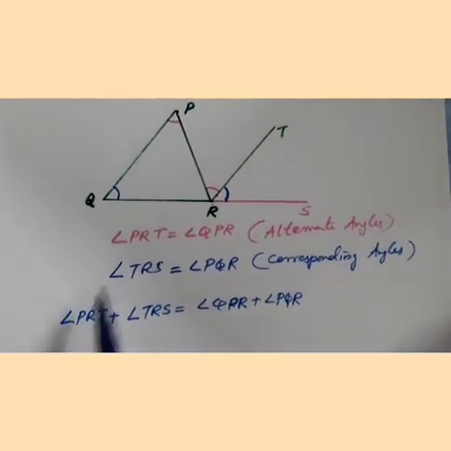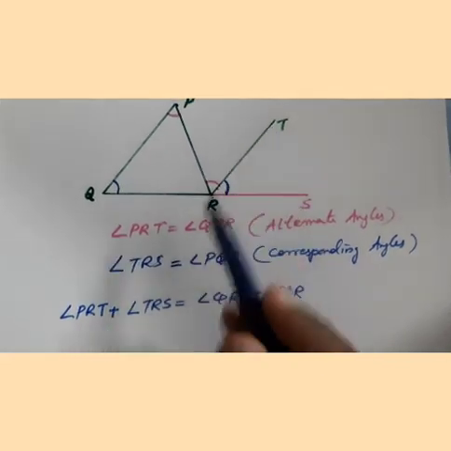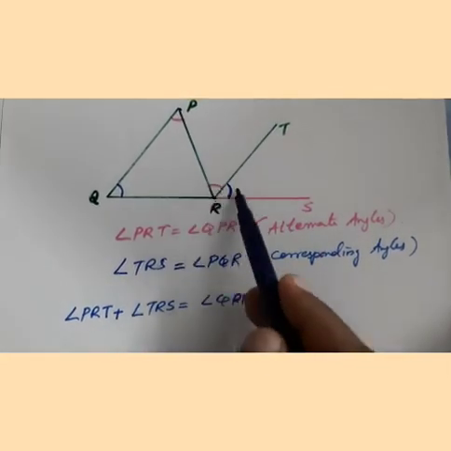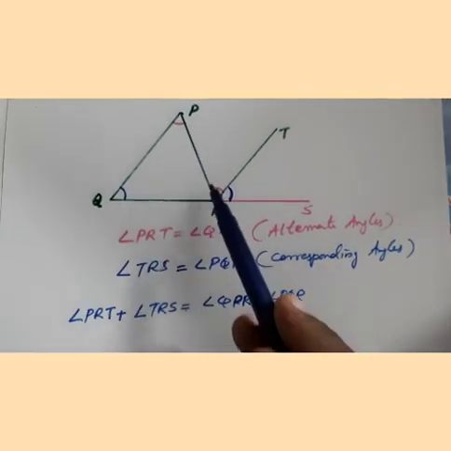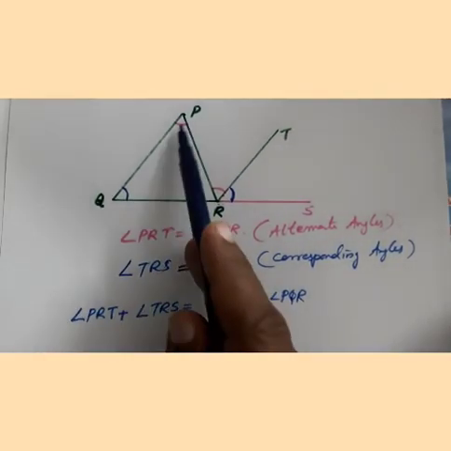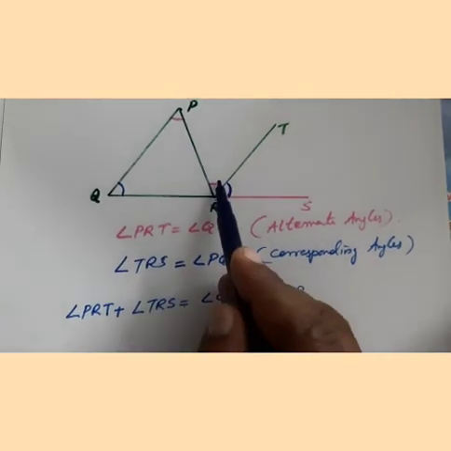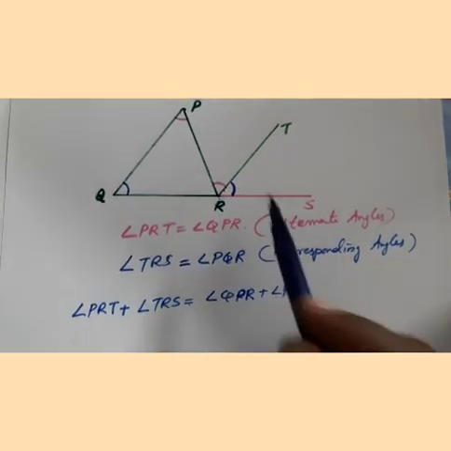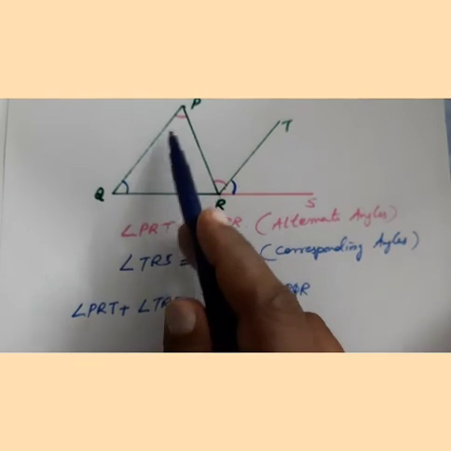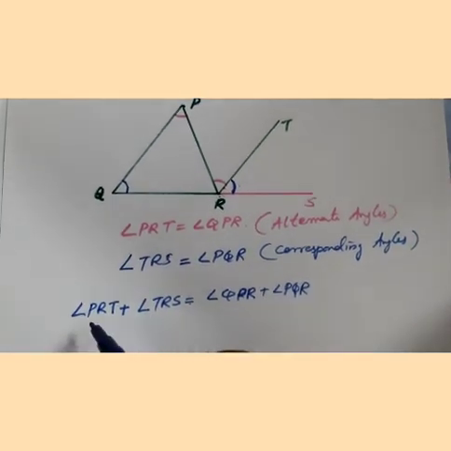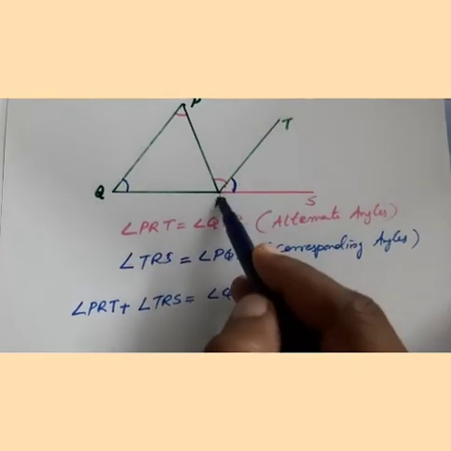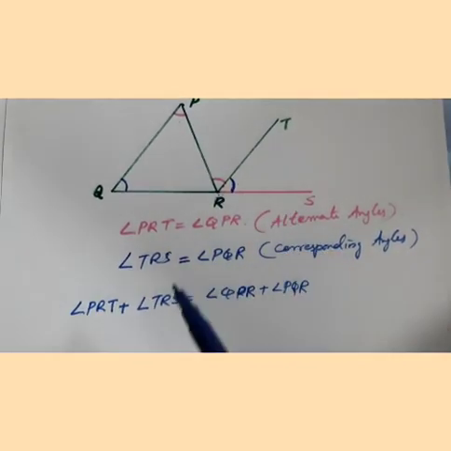Then angle PRT and TRS, the sum of these two angles is equal to QPR plus PQR. And what about this one? PRT plus TRS is angle PRS.